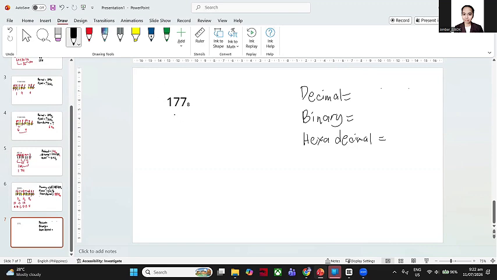So we are going to have 177. So as in the previous, in octal, we have 1, 2, 4. So that is the 4 because it is the divisible of 8.